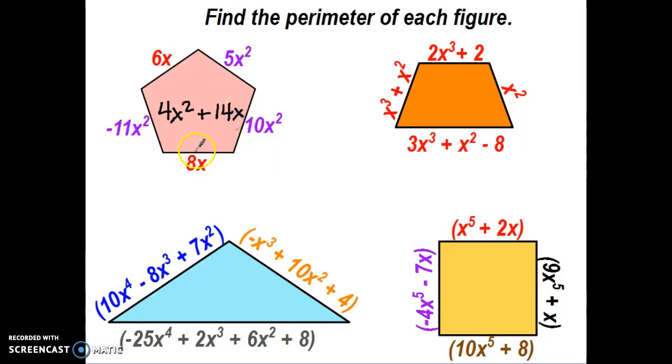So the perimeter of this 5-sided figure, what's it called, a pentagon, is 4x squared plus 14x. Can I combine anything? No, because this is not a like term. That's my answer. So in the last about 30 seconds, you all need to do the rest.